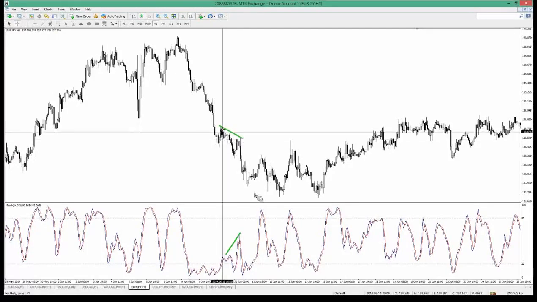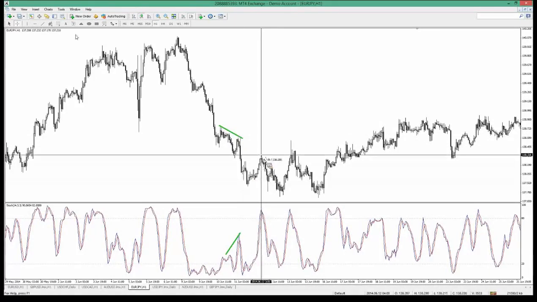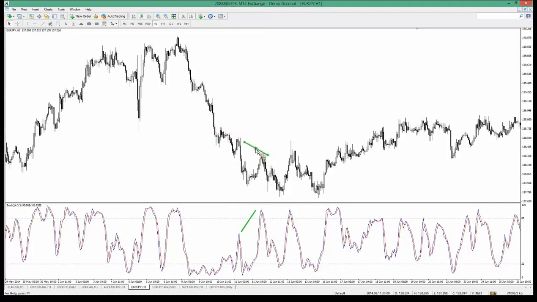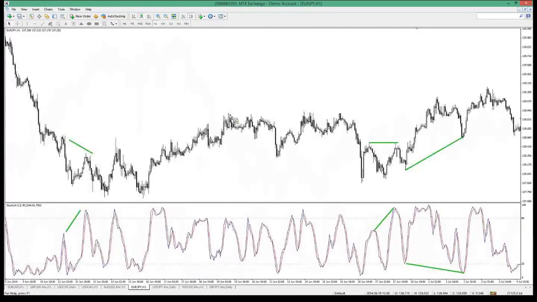Here to here, price drops, stochastic again higher, price lower. So pretty straightforward, I think. Any questions, guys?